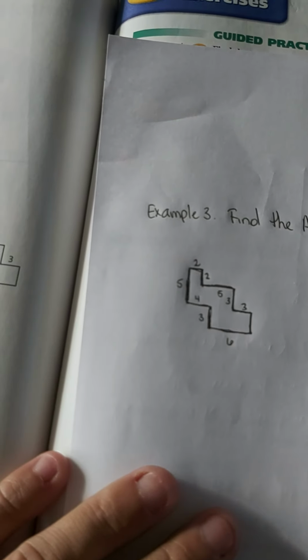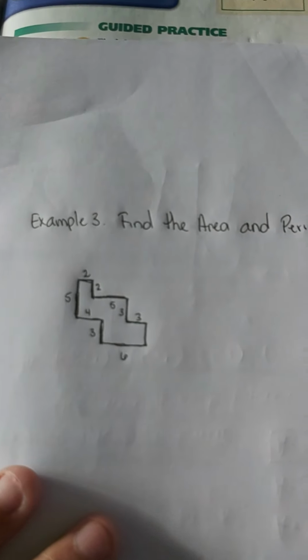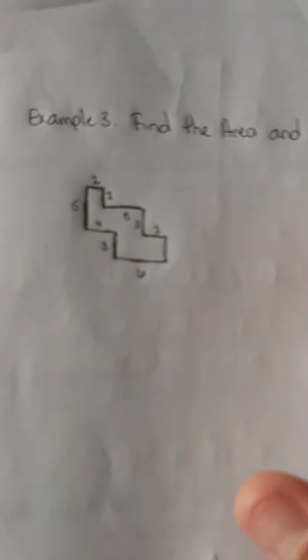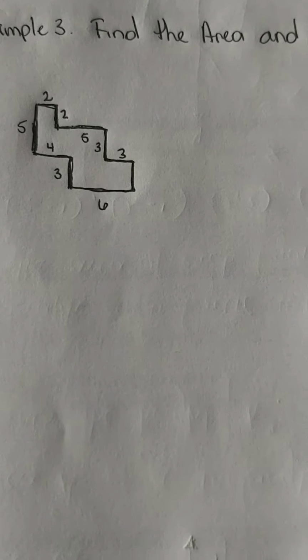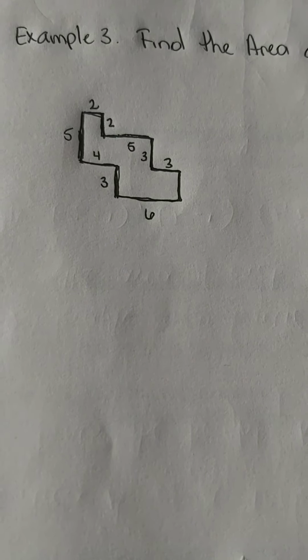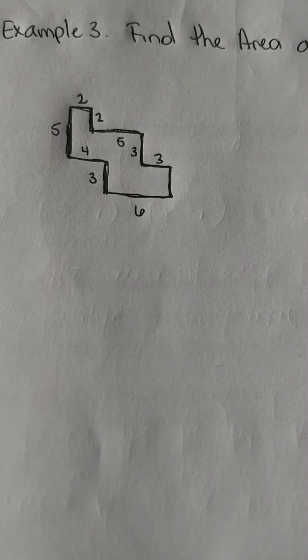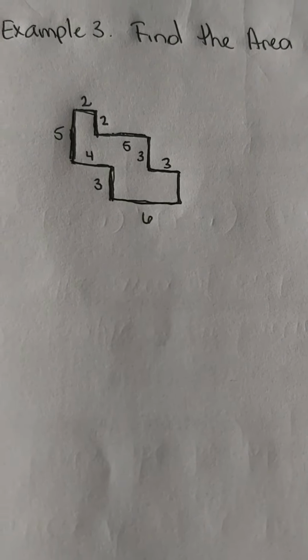Now, the last example for this lesson, example 3 says, find the area and perimeter of a composite figure. Composite figure, this is our figure. Okay, why do we call this a composite figure? Because it is a figure created by 2 or more figures. Look at this.